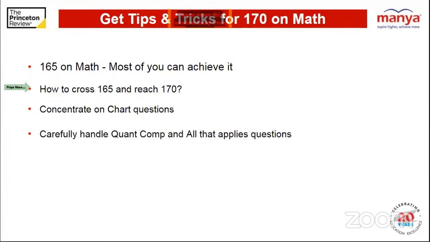And another important area where you may tend to lose is the quant form, right? So you need to probably use multiple values. Try out the questions with multiple values and get the correct answer for the quant form, right? Different values basically.